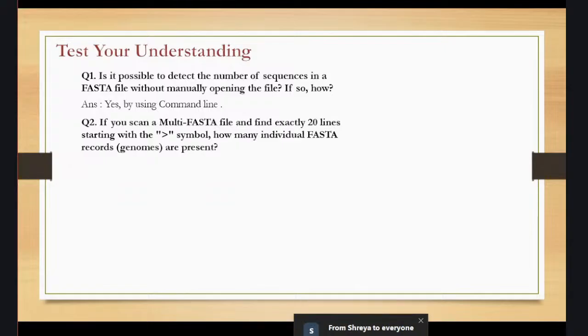Correct. People are understanding, this is nice. If you are finding 20 greater than signs, it means there are 20 FASTA records in a multi-FASTA file.